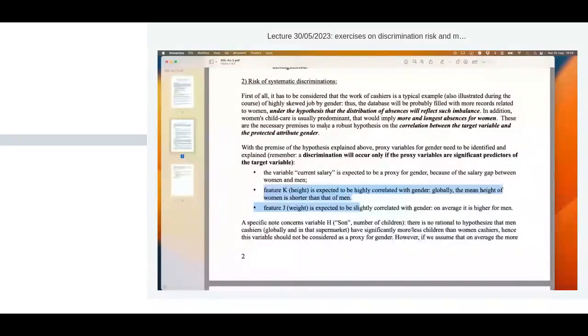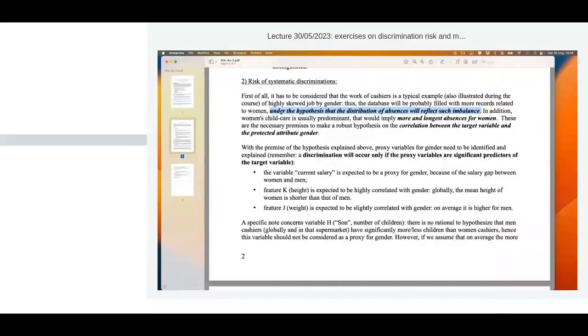There is a hypothesis to be made, that the distribution of the absences will reflect such imbalance, so that given that there are more women, at least the same disproportion is in the absences.